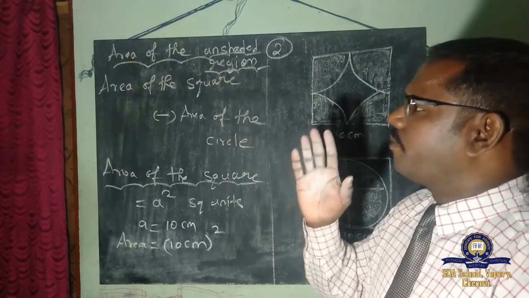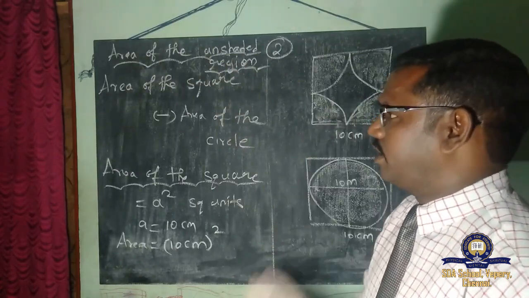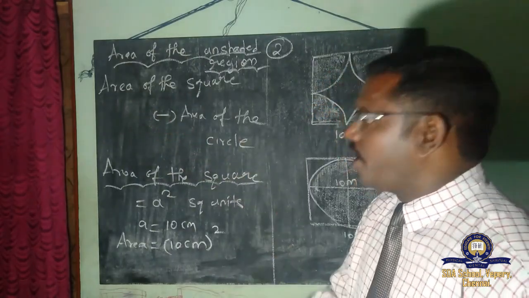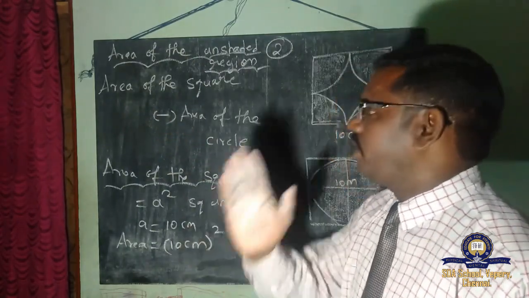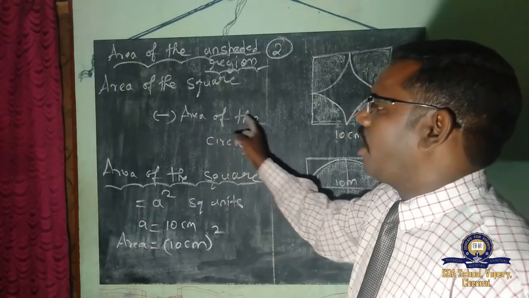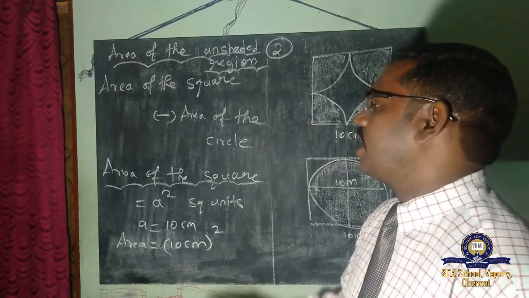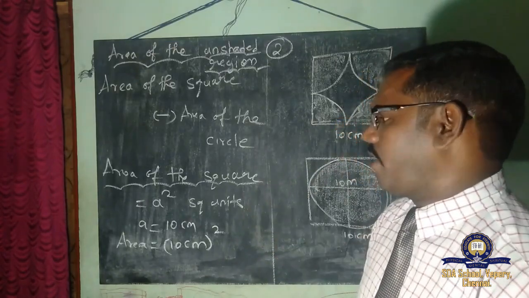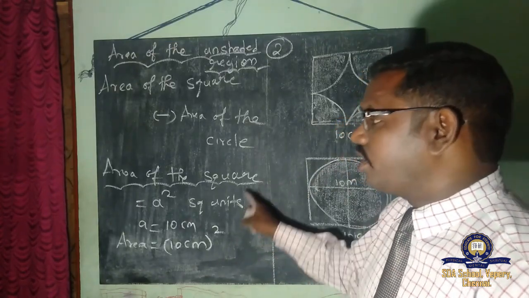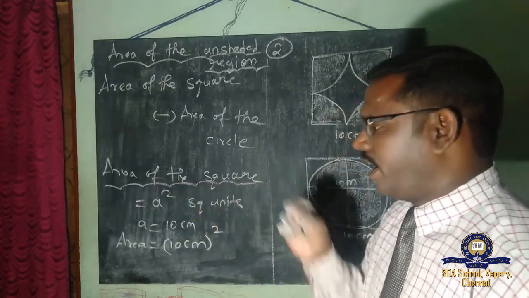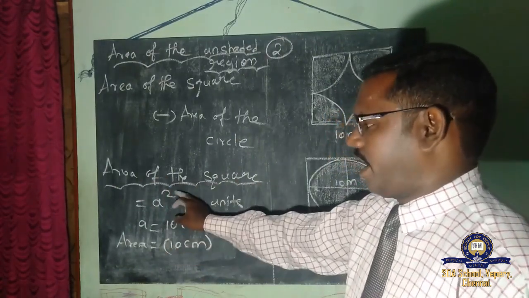Okay, what is the procedure we are going to follow in this? Area of the square we need to find out. From that area of the square we need to subtract area of the circle. First of all, we are going to find out the area of the square. We know the formula. Kindly notice here, note down, area of the square formula is a square.